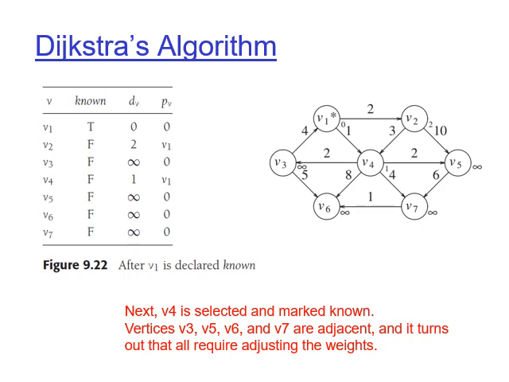Now, who are the adjacent nodes of V4? So if you look at the adjacency list of V4, we find that V5, V7, V6, and V3 are adjacent to V4. And now we can adjust their corresponding weights. So let's move on.